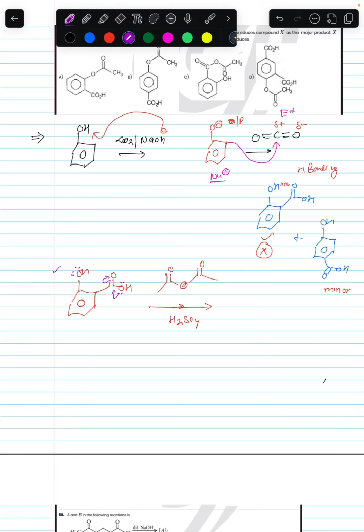This one is more nucleophilic, it is less nucleophilic. On the other side, oxygen is more electronegative, delta minus, carbon less electronegative, delta plus. So this lone pair will attack this positive center, it forms O minus which again comes back, and this group will leave as a leaving group. So the final product is O C double bond O methyl, C double bond O OH. So the correct answer will be A.